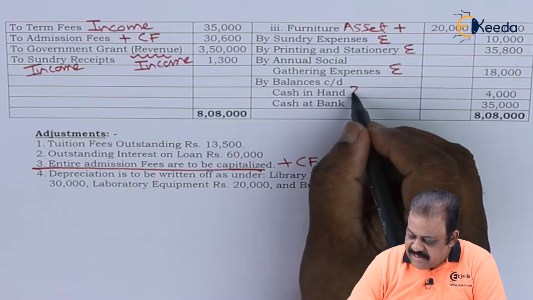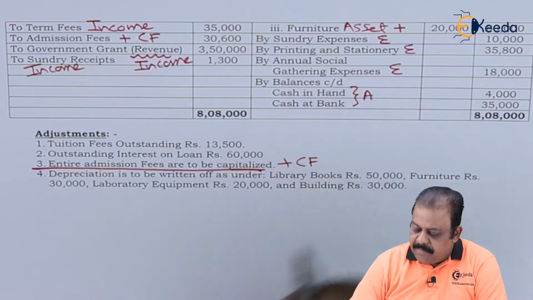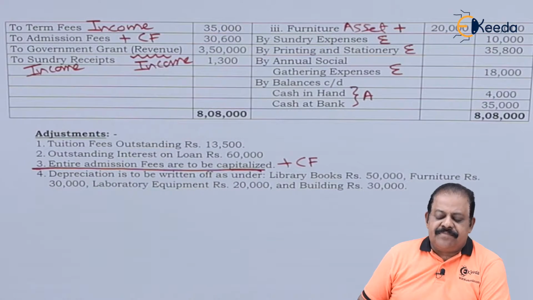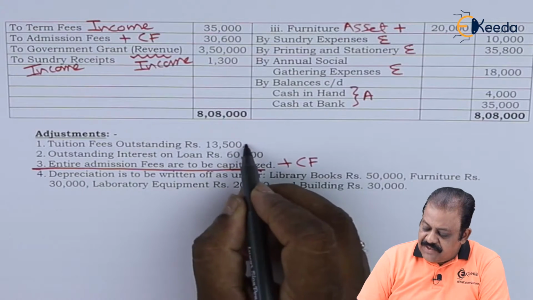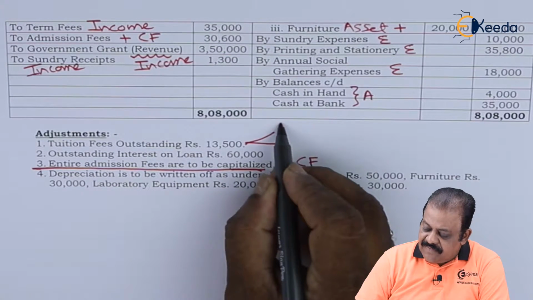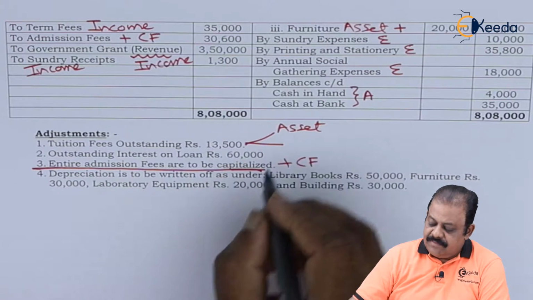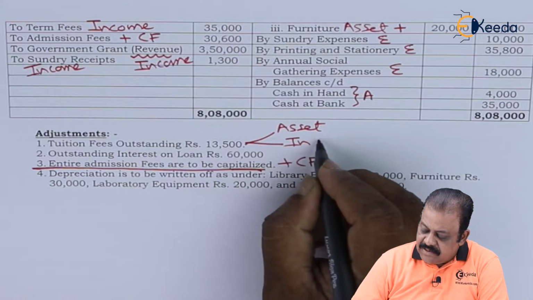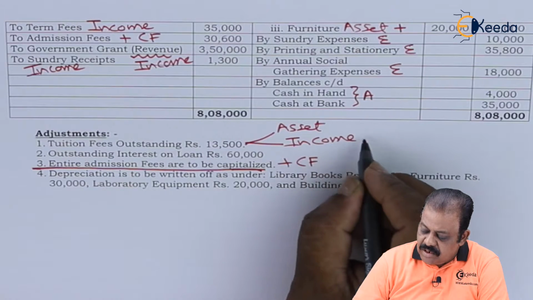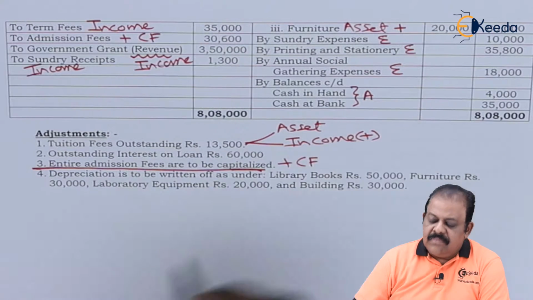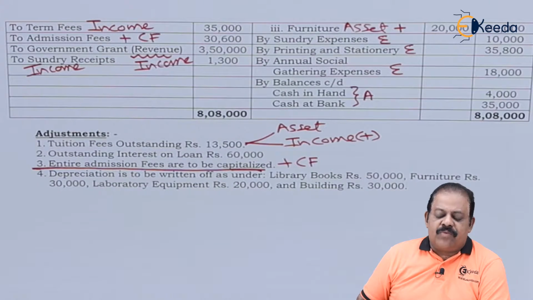Closing balance of cash in hand, cash at bank, it will be recorded as asset. Tuition fees outstanding. One effect, it will be recorded as outstanding income, asset. Another effect, it will be added to amount of income in income and expenditure account.